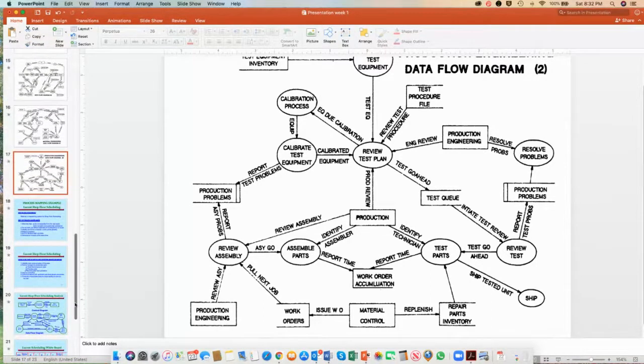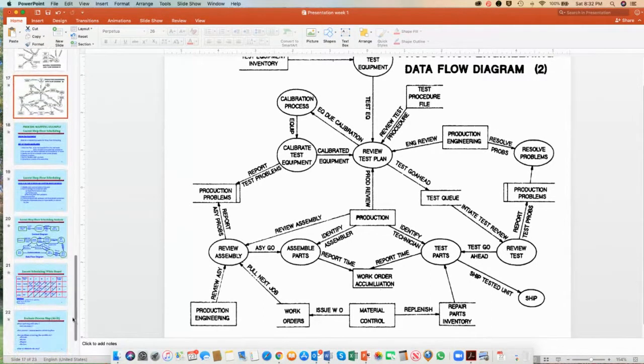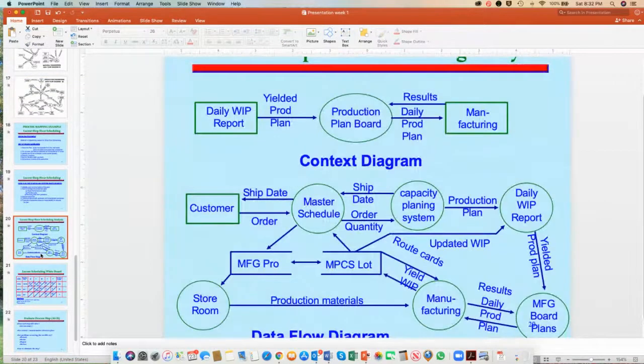Okay, so that's really what data flow diagrams is. I've tried to do different data flows in different companies. So for instance, in this particular case, I believe it was a local communication company, and they had a problem in terms of jobs and how the jobs progress through the floor.